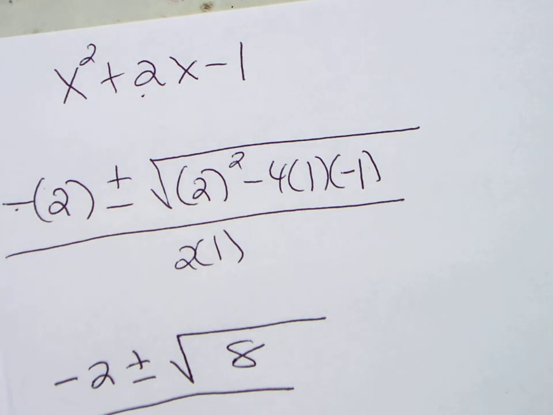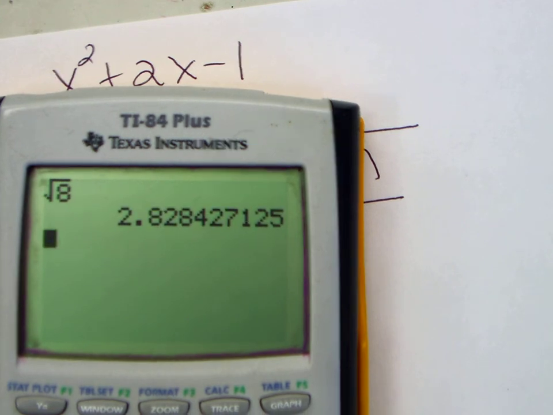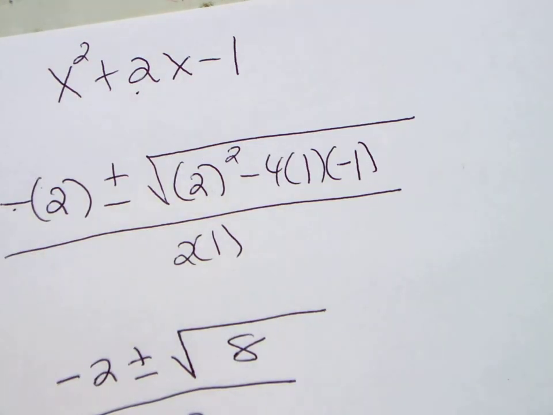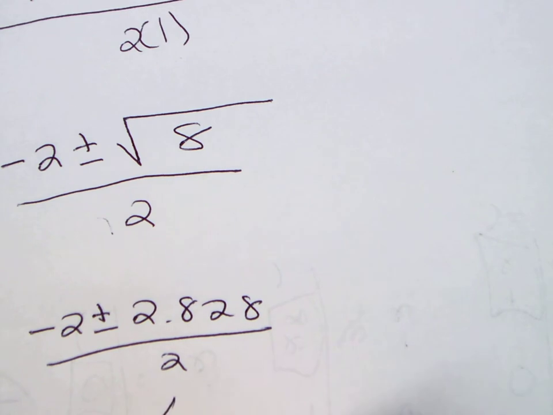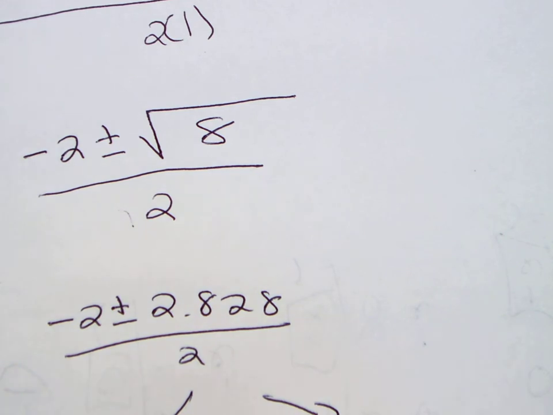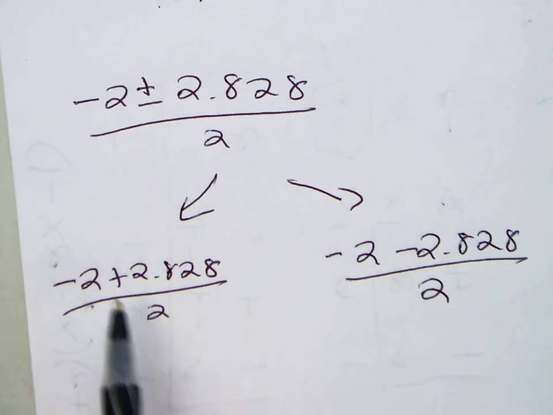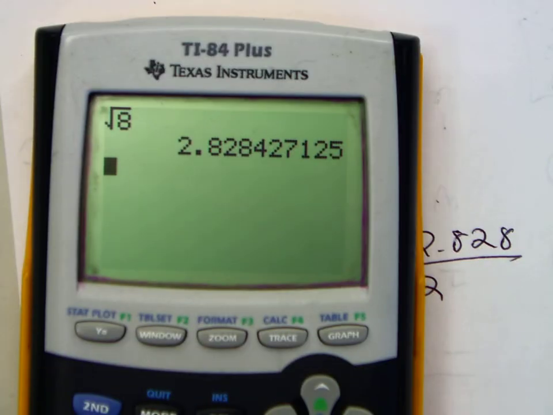So you need to know the square root of 8. Let's look. Square root of 8 is 2.828. Negative 2 plus or minus 2.828 all over 2. Break it into two problems. Negative 2 plus 2.828 all over 2, and negative 2 minus 2.828 all over 2. One's a plus, one's a minus. You can use the calculator.